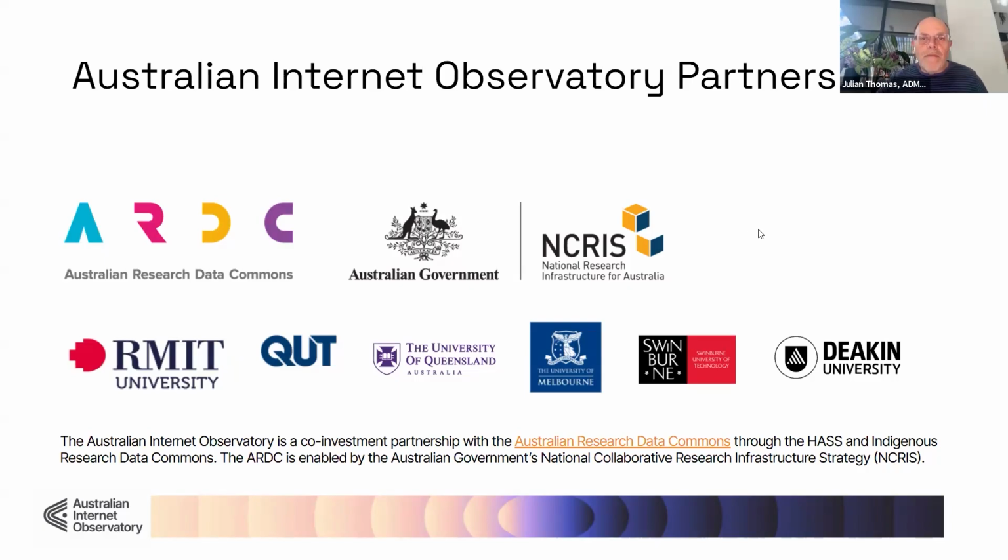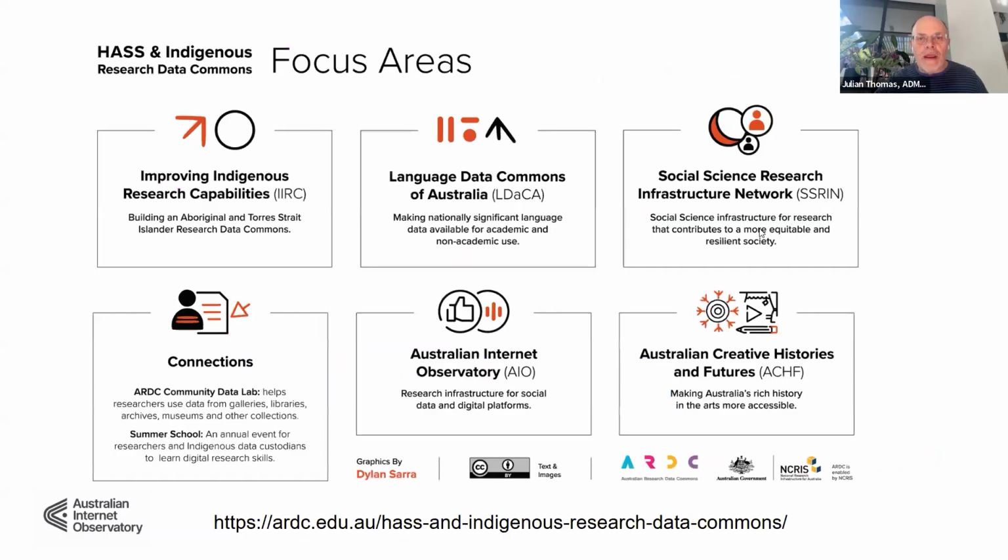It's one of a number of focus areas that are being managed as the HASS and Indigenous Research Data Commons program by the ARDC. And you can see on that slide the other programs that we're working with.